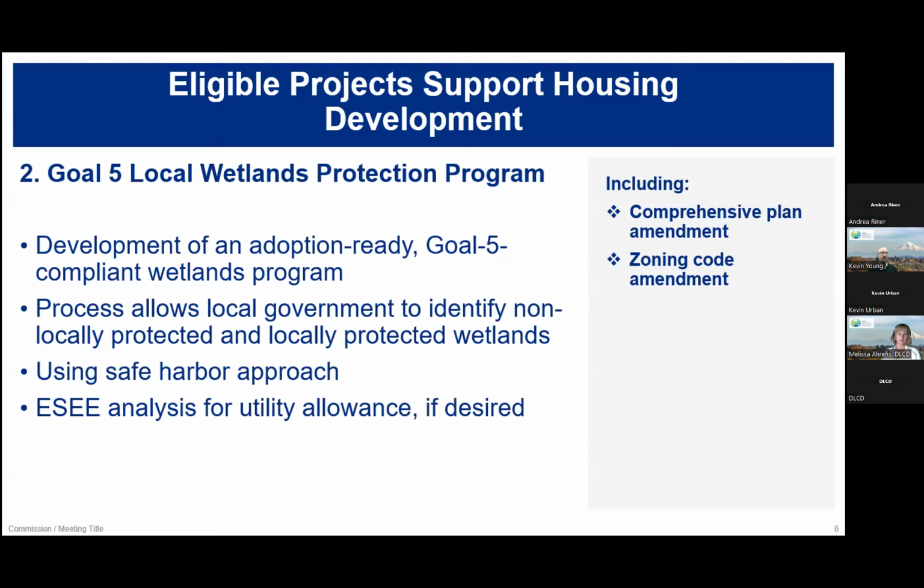So this fund can be used for doing the work to develop that local wetland protection program. And some of this work can be done in parallel with the LWI, because you might anticipate how significant wetlands will be protected, and so you can start getting that language into your code.